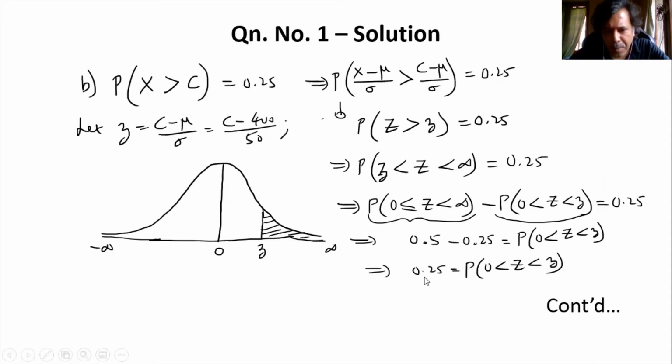Now we have a probability. We need to identify what will be this z value. Again, we will depend upon the tables, right? So in the table we have to look for the probability, which will be there in the body of the table, and the corresponding z value is what we will be looking for.